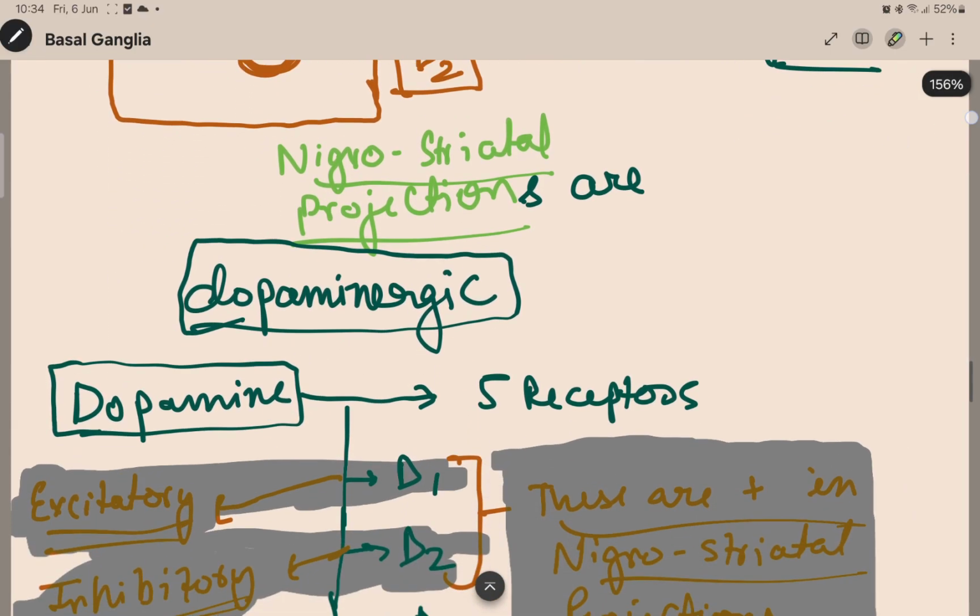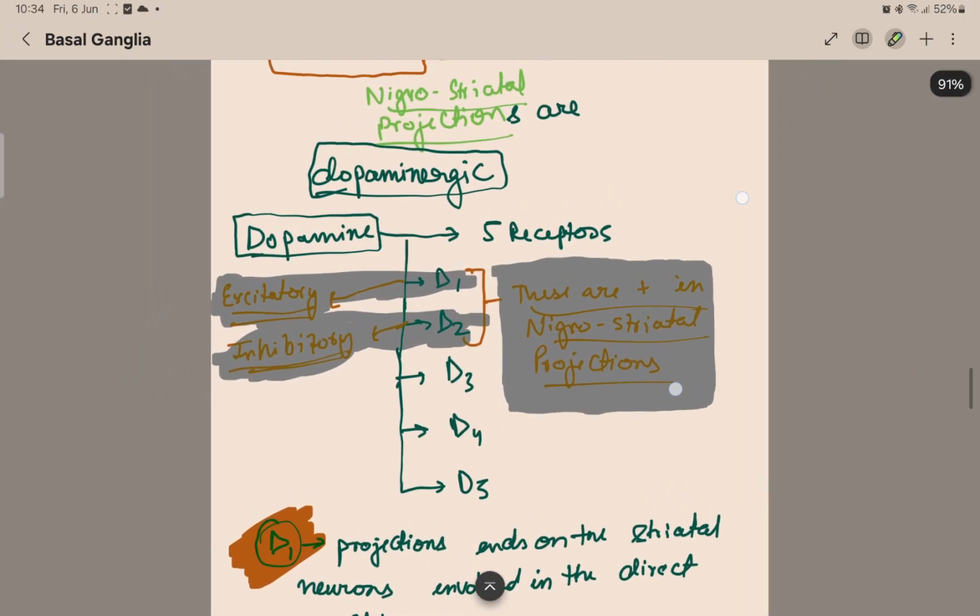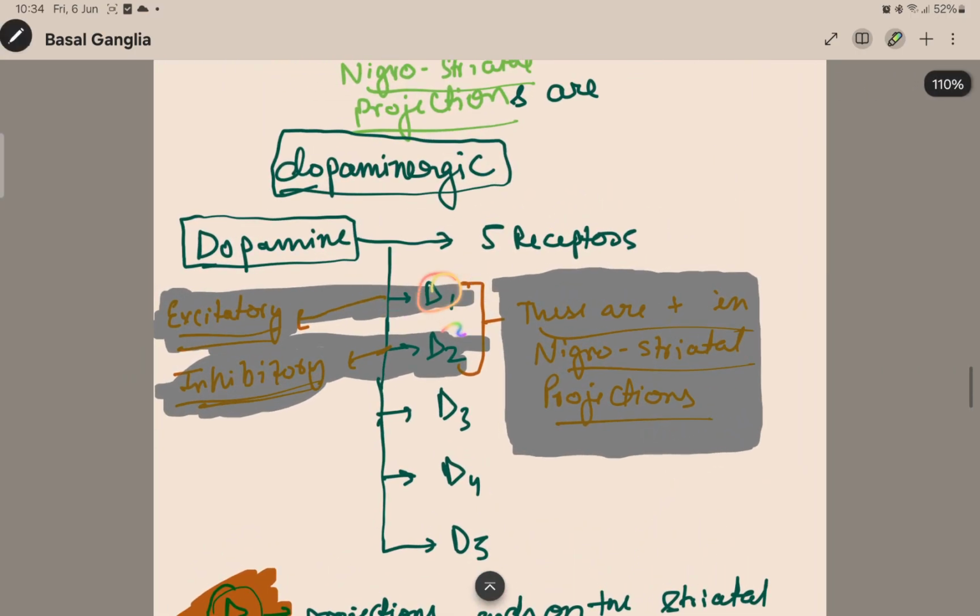Now dopamine has 5 receptors: D1, D2, D3, D4, D5. Here only D1 and D2 receptors are present in the nigrostriatal projections. D1 is excitatory and D2 is inhibitory.